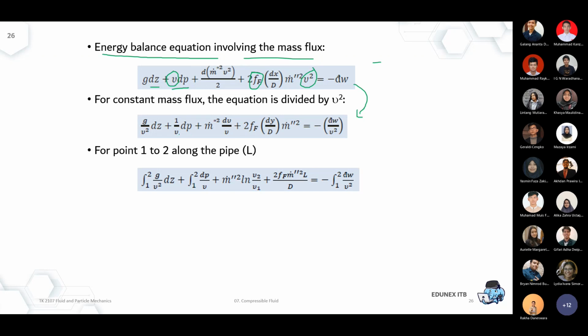And this sums up the challenge that I mentioned from point 1 to point 2 along the pipeline. Now it has to be treated as the integral, which is the sum for all discretization that you have to use because of the changing properties of the gas.